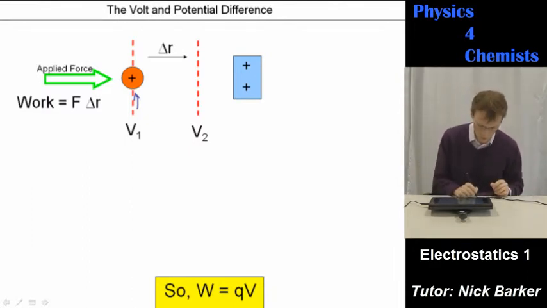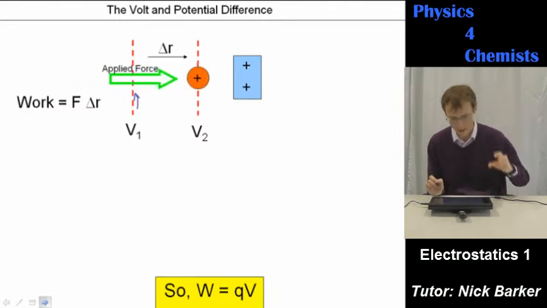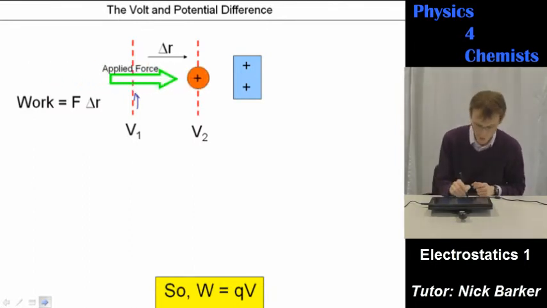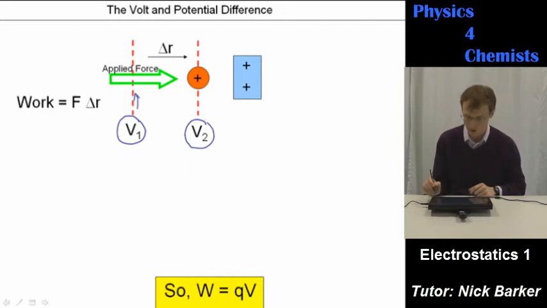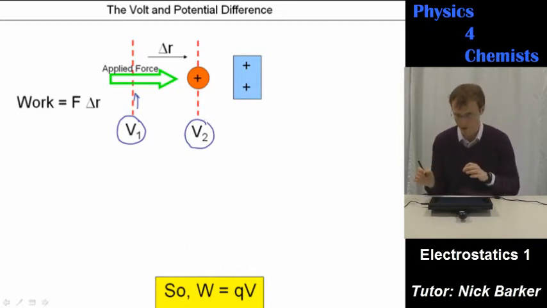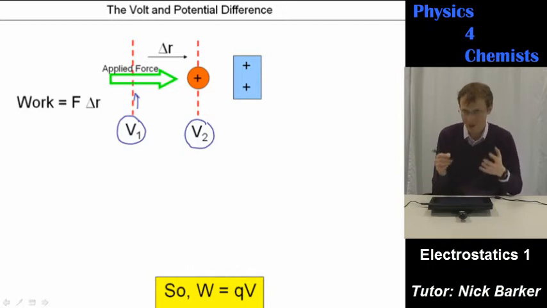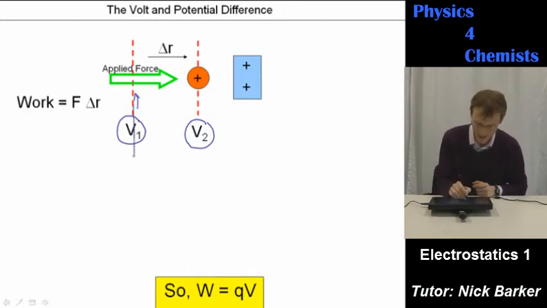So if you apply a force and move that point charge closer, it's gone from a place where the electrical potential can be described as V1 to a place where its electrical potential can be described as V2. So its electrical potential has changed. There is a potential difference between being here and being here. Voltage is going to be invoked in just a minute.